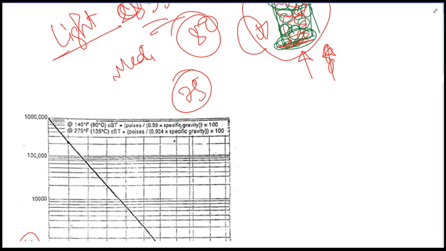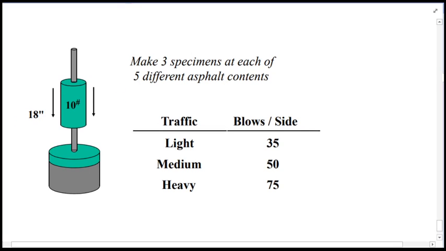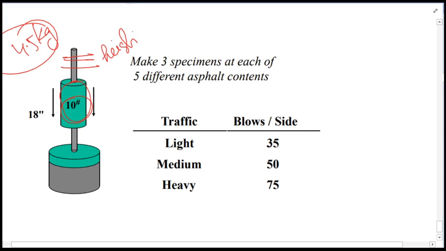To make it further clear, I will be needing a hammer to do the compaction. The hammer is 10 pounds, or I can say 4.5 kg in weight. The hammer is movable along this stick, so you will pick it up to a specific height and then just release it.